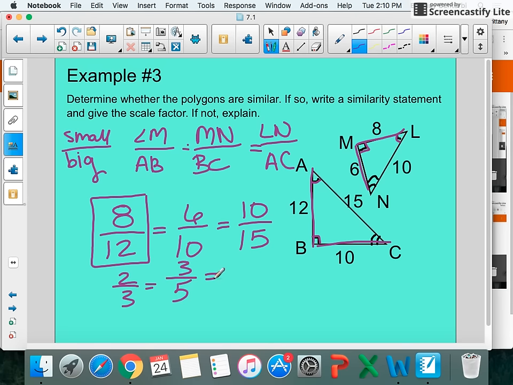And here, 10 over 15, I divide the top and the bottom by 5, so I get 2 over 3. Now, here we've got 2 that are the same, but since the one in the middle is not the same, these are not similar. So again, make sure you have the proportions set up as well as the numbers plugged in.